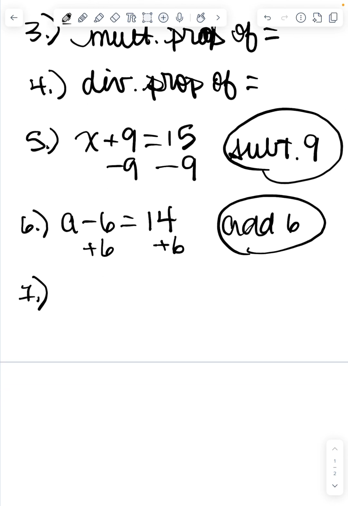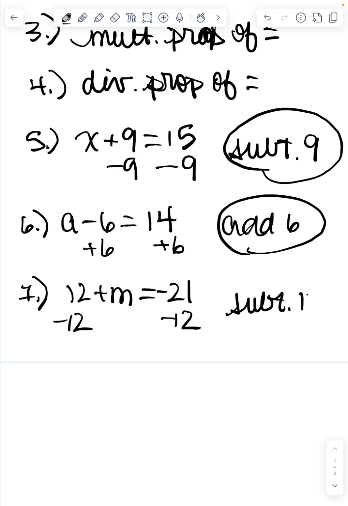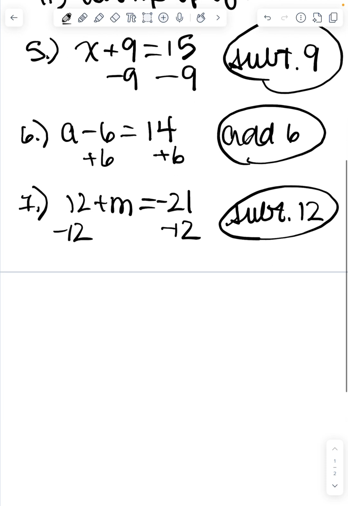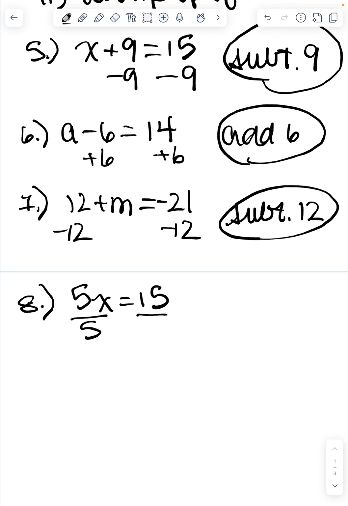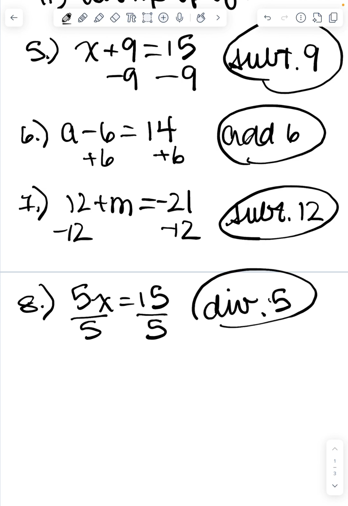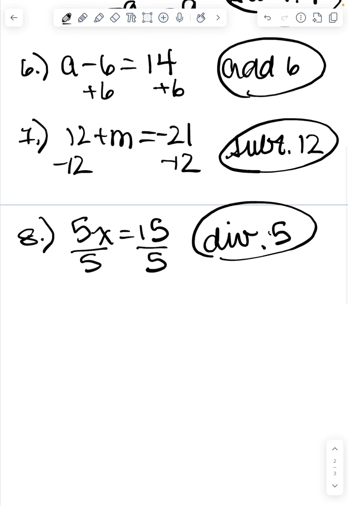Number 7, 12 plus m equals negative 21. Here we would minus 12 on both sides, so our answer is subtract 12. Number 8, 5x equals 15. We would divide both sides by 5, which means divide by 5 is our answer.